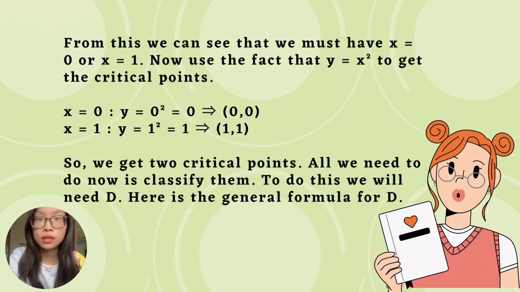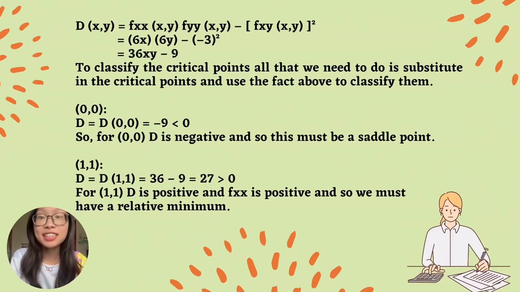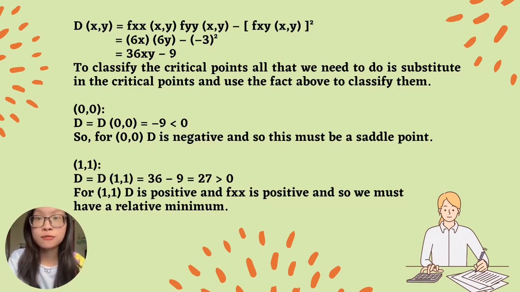All we need to do now is classify them. To do this, we need D. Here is the general formula for D. D(x,y) equals differentiate fx with respect to x, (x,y), times differentiate fy with respect to y, (x,y), minus differentiate fx with respect to y, (x,y) squared, which is 6x multiply 6y minus negative 3 squared.